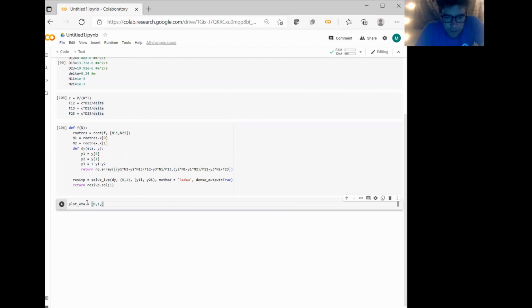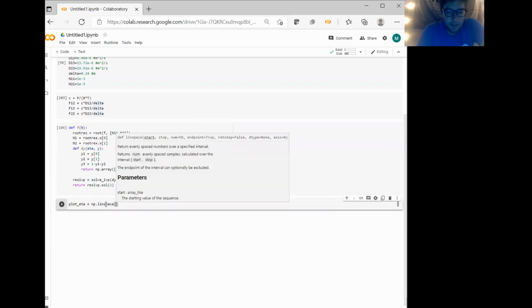Oh wait, that's not the first thing I want to do. Sorry. First off, I want to call in a function from numerical Python. It's a linspace function. So we know that we're going to have, again, this range from 0 to 1, but we're going to do the line spacing in between from 0 to 1.